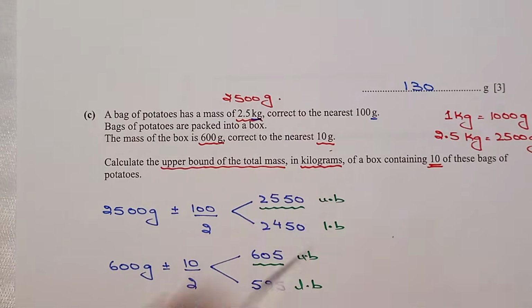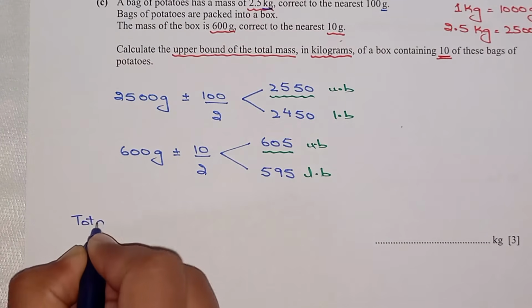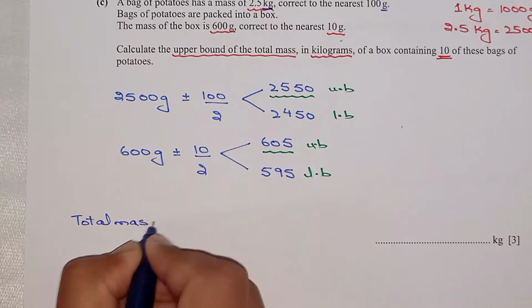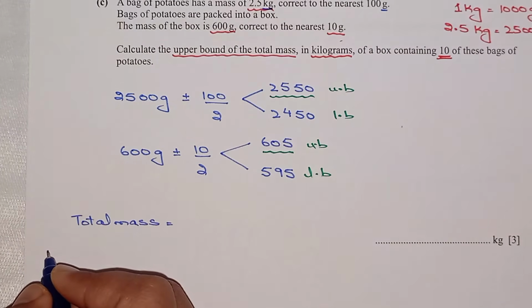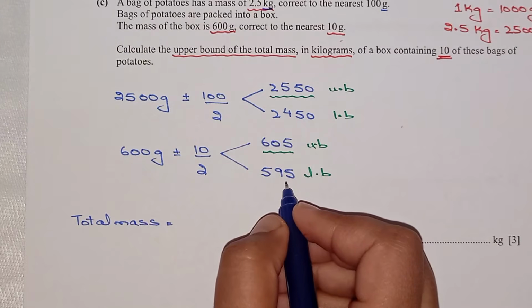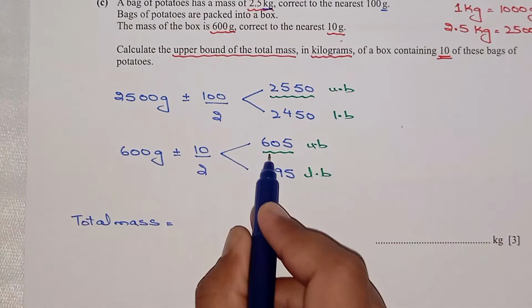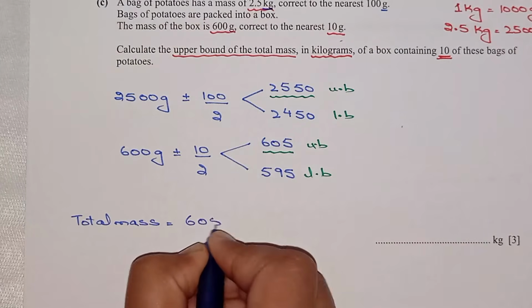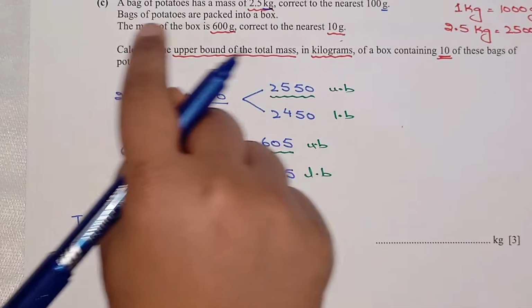So what is the total mass? The total mass is equal to the mass of a box. What is the mass of a box? The upper bound for the mass of a box is 605, plus 10 times the mass of a bag of potatoes.